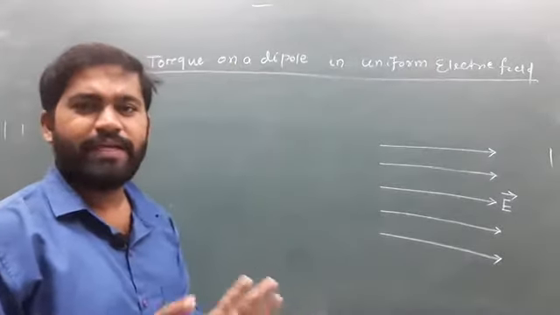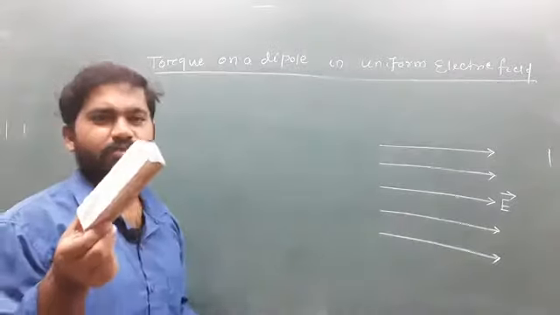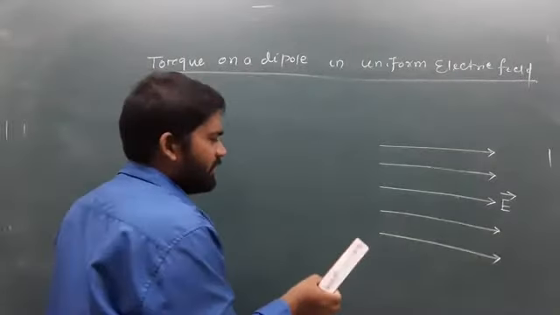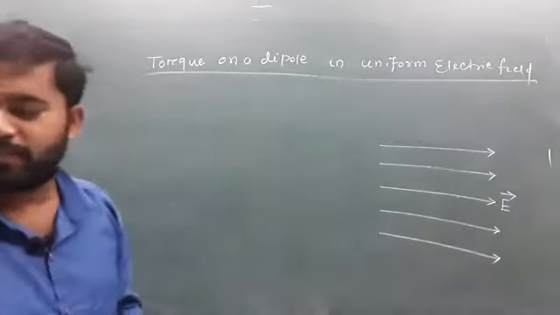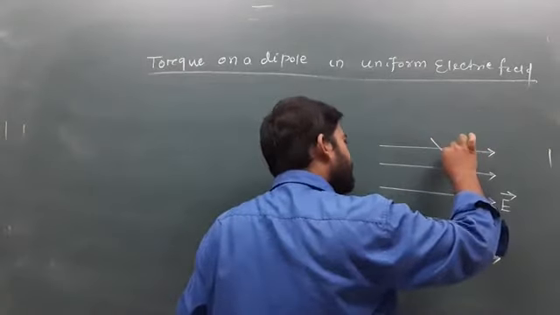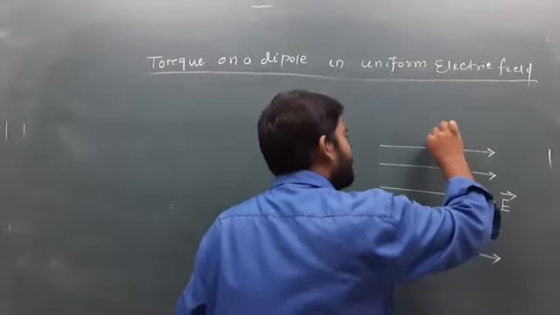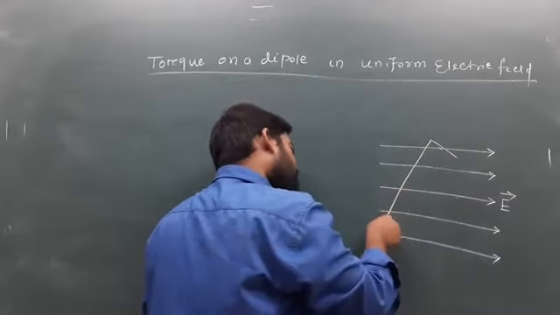Suppose we place the electric dipole at some angle. Suppose this one is my dipole and I place the dipole in the uniform electric field at some angle. That means the dipole makes some angle with the uniform electric field.